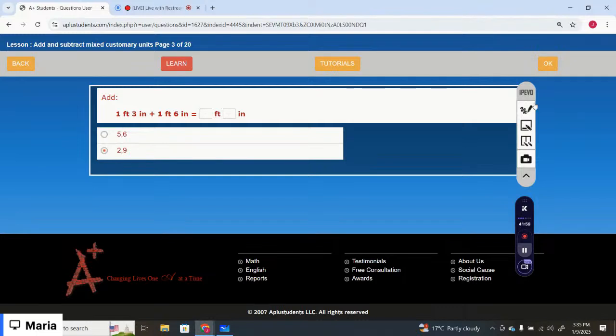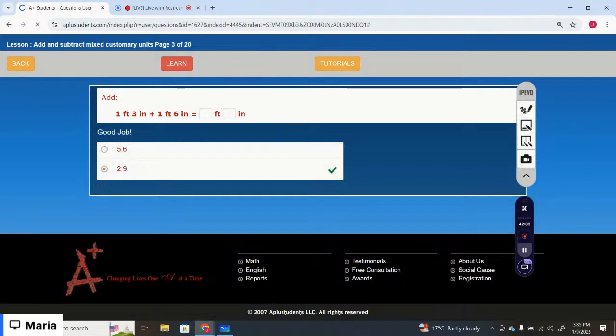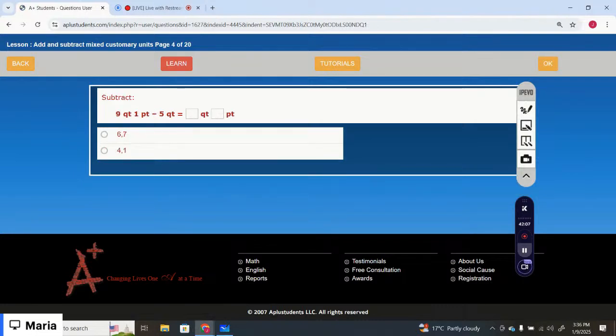That is 2 feet and 9 inches. Option number 2 is correct. 9 quarts 1 pint minus 5 quarts is 4 quarts 1 pint. Option number 2 is correct.